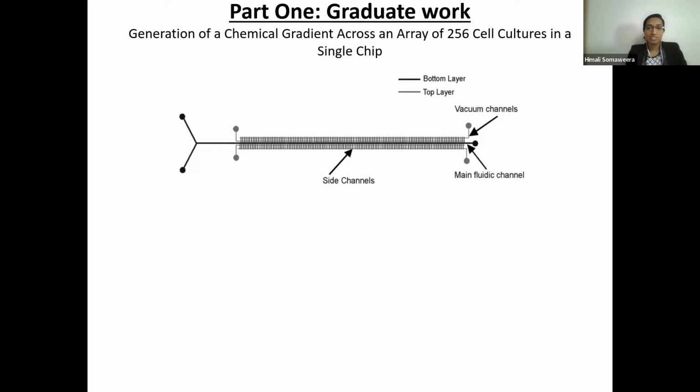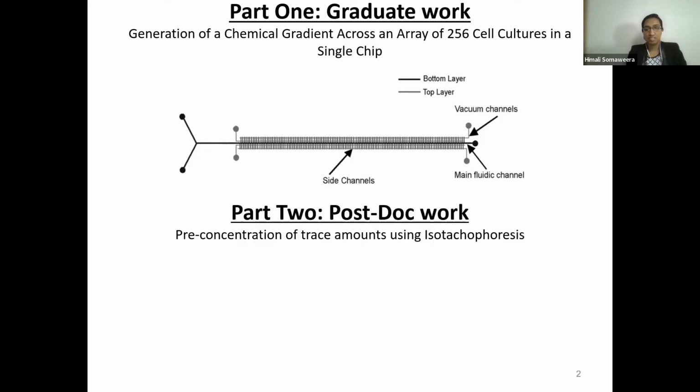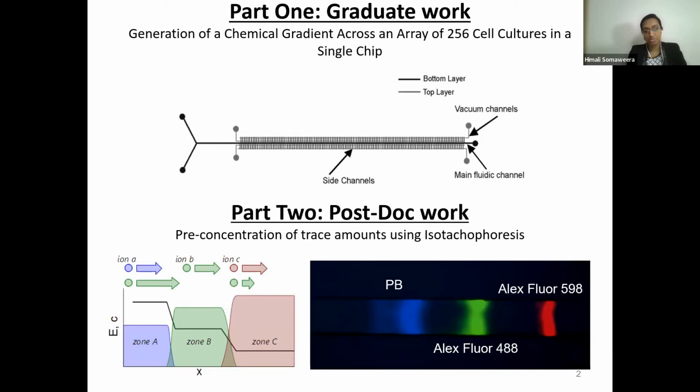And then in part two, I'm going to focus on my postdoc work, which is again using microfluidics, but a different technique called isotachophoresis. I'll explain isotachophoresis in detail when I talk about the research, but basically it's a preconcentration technique using different buffers.